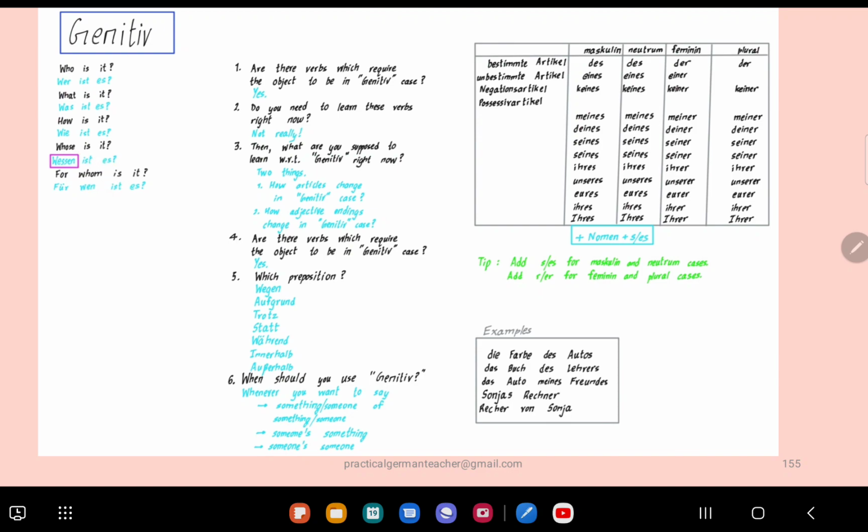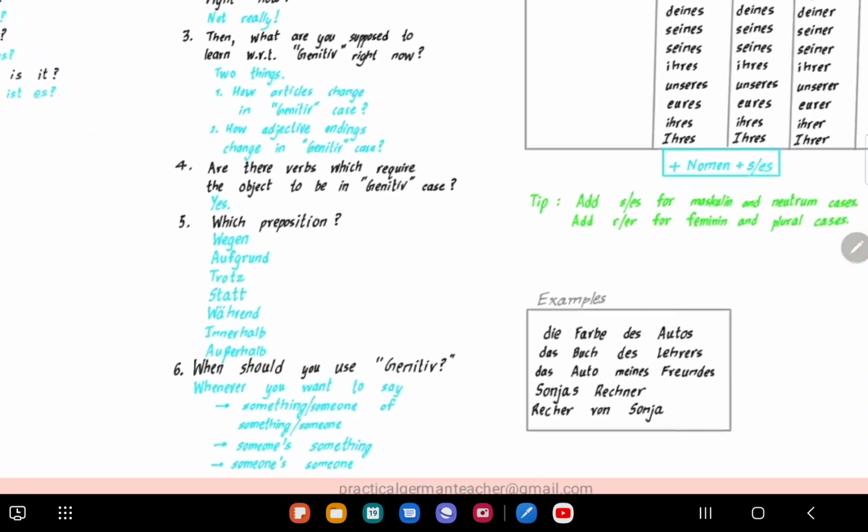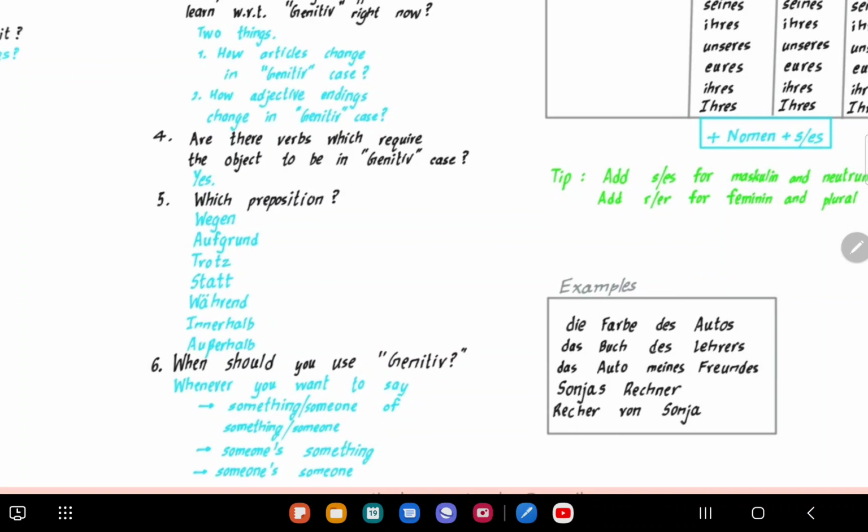What is genitive? Why do you need to use genitive? That is a good question. Whenever you want to say something like the water's temperature, or someone's something, for example the car of the man, the man's car.